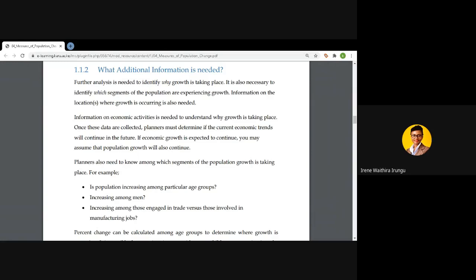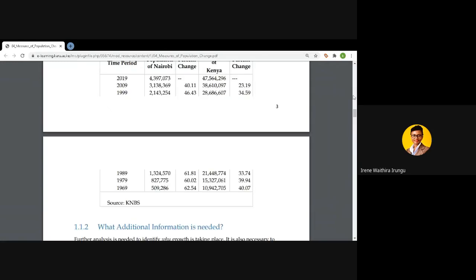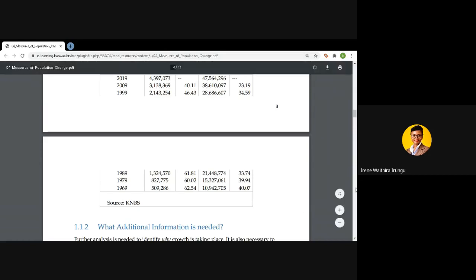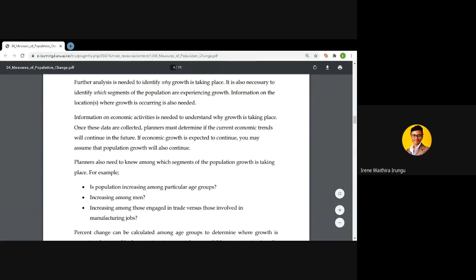Historically, men have been the sole breadwinners of families. So you may find that in the 1969, 1979 cases, during these earlier years, probably a higher percentage of this population change was attributed to increasing men.